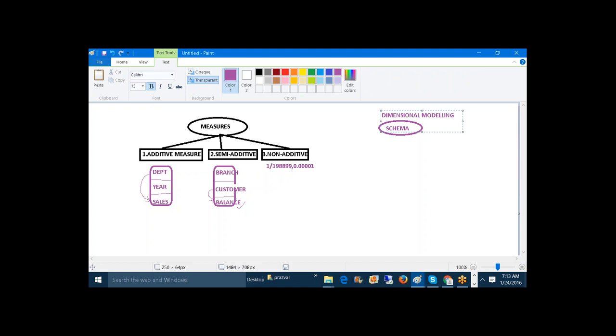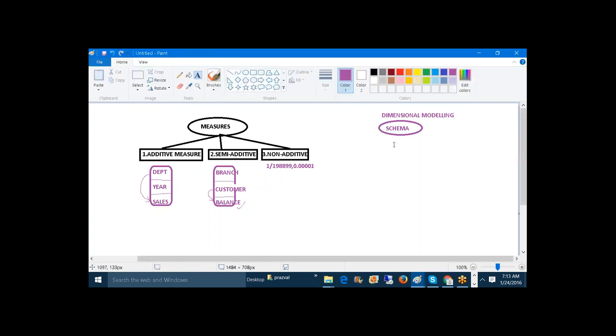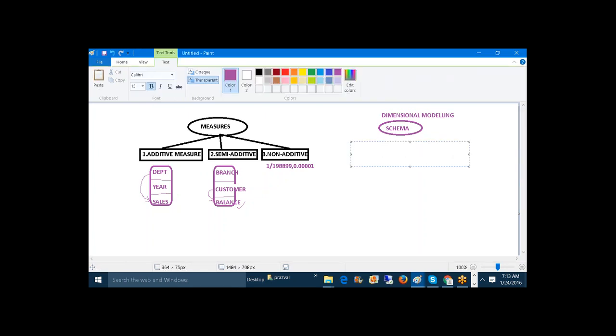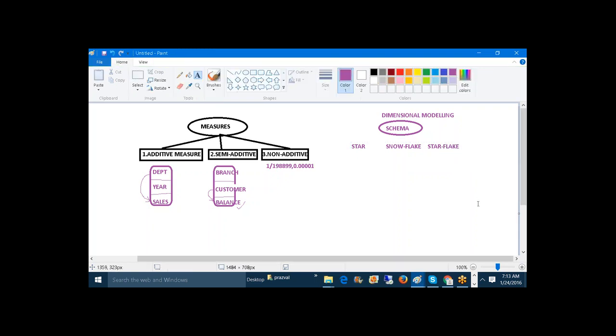In dimensional modeling, we have three types of schemas: star schema, snowflake schema, and starflake schema. These three are the different schemas available in dimensional modeling.